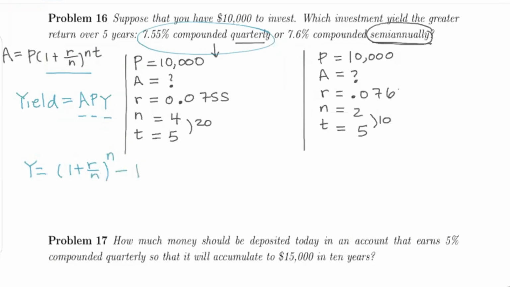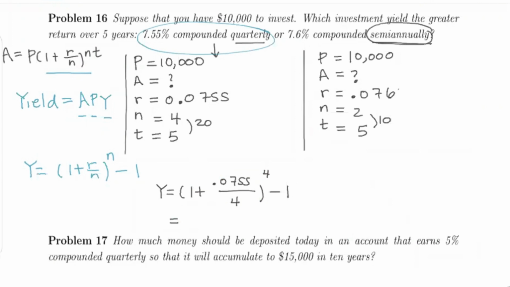Again, these formulas will be provided, so you don't have to memorize the formula. Make sure you know how to use it and when to use it. Based on that, for the first account, y equals 1 plus 0.0755 over 4, to the power 4, minus 1. I want you to compute this now.